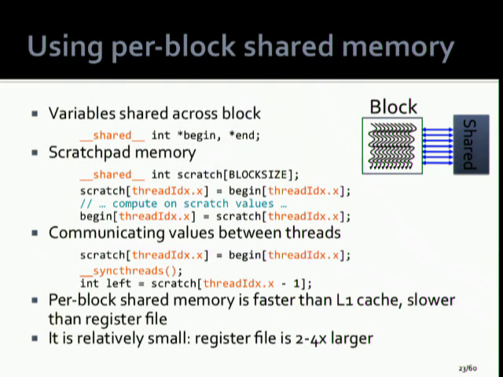Or you can have 48 kilobytes of shared memory and 16 kilobytes of L1 cache. The L1 cache is useful, for example, for spilling and filling registers in your program. If the register state of each thread is larger than what the register file can handle, then the compiler will insert loads and stores for those data values into the cache, and hopefully the cache can help out. But I might be getting a little ahead of myself there.